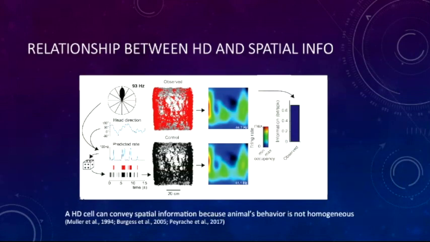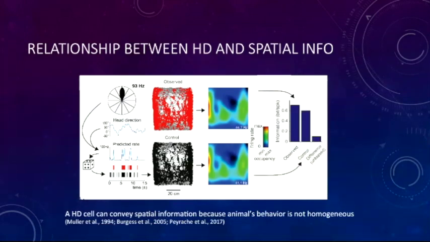So you generate a predicted rate from which you can draw a Poisson process and build an artificial spike train. In red, this is the one we observe, and in black, this is the one we generate. You can generate another place field here, and you see that it's exactly the same. Again, this cell, by construction, is a pure head direction cell because the spike train was generated only from the tuning curve, okay?